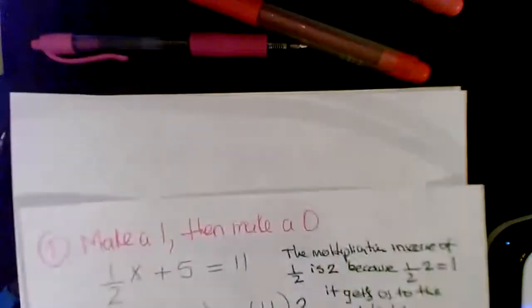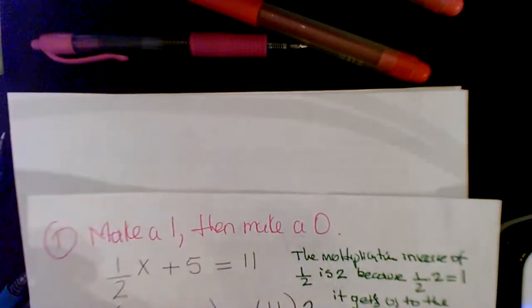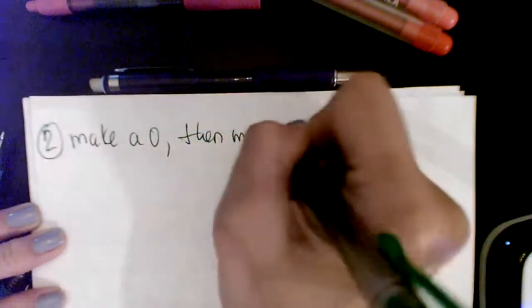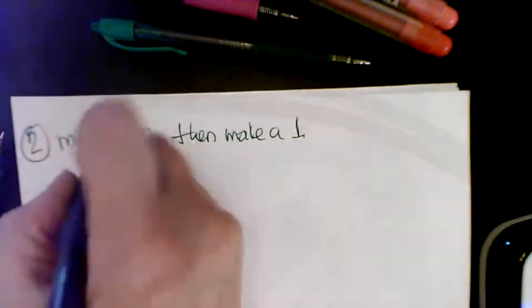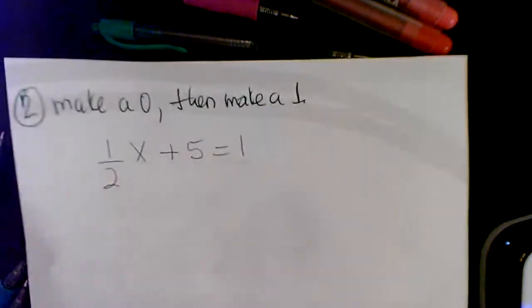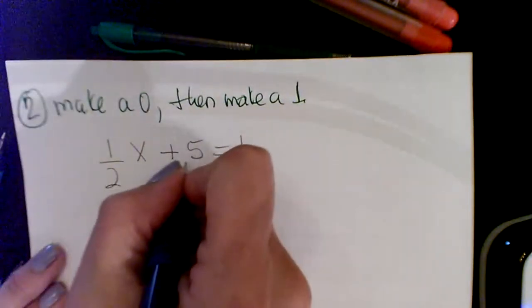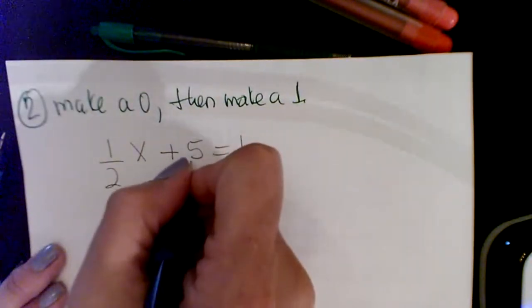Now, we said it doesn't matter if you make a 0 first or make a 1 first. Now we're gonna do it the other way. Okay, we're gonna make a 0 first, and then we're gonna make a 1. And I'm gonna show you that it's exactly the same. So we have 1/2 x plus 5 equal to 11. So we're gonna make a 0 first, like we said.